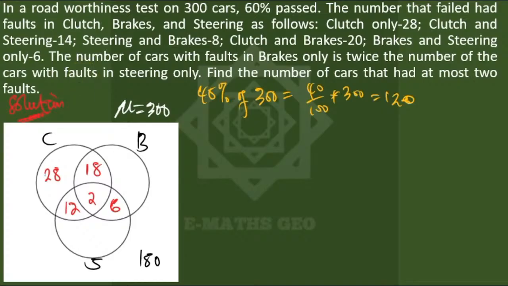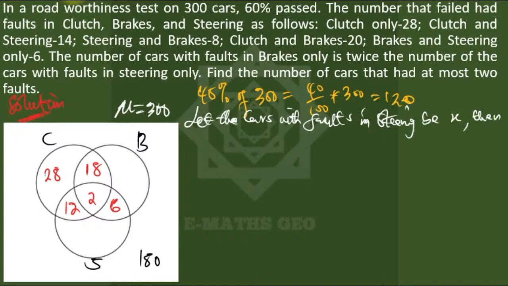So let the cars with faults in steering be X, then 2X are the ones with steering only.